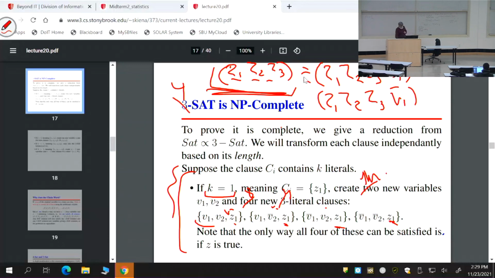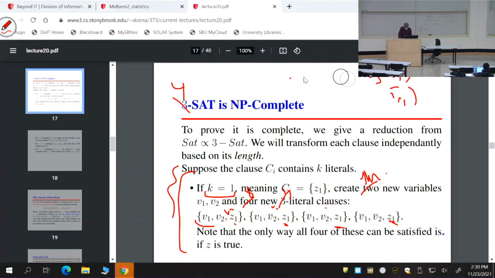Now, could we prove that 2-SAT is hard? Any questions so far? If you're allowed to use only clauses of size 2, is there a way we can convert 3-element clauses into clauses of size 2?